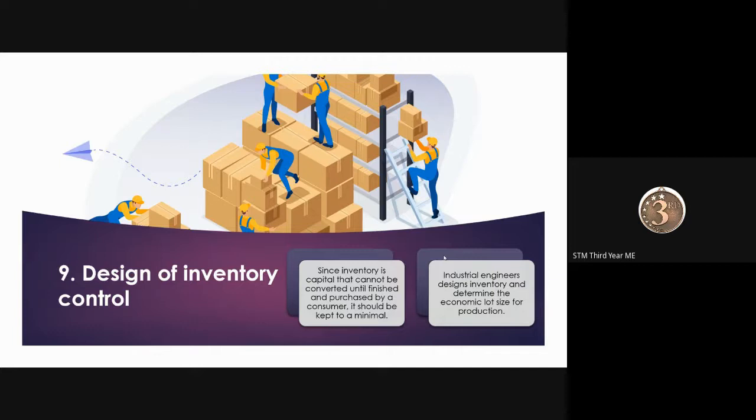So industrial engineering, when implemented into inventory control, we are looking for the inventory to have a sufficient number of products, or sufficient inventory must be there only for meeting the demand. For that purpose only, you have to have sufficient inventory.